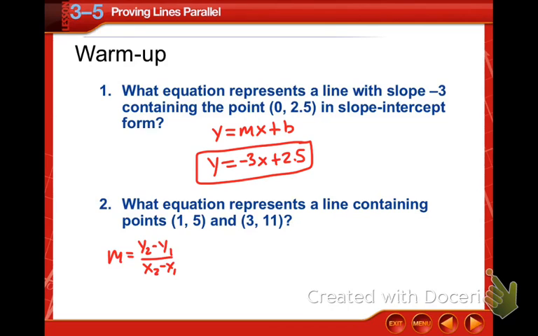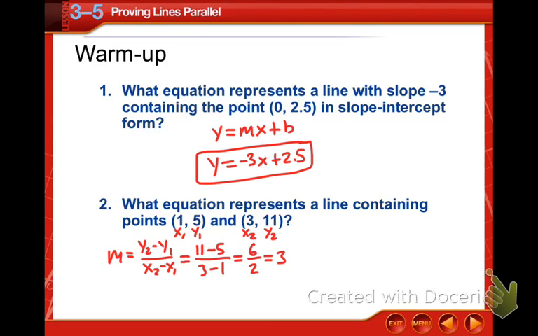Again, I like to label, so we need our x1, y1, x2, y2. So that means it's going to be 11 minus 5 over 3 minus 1, just filling in with the information we know. 11 minus 5 is 6, and 3 minus 1 is 2. 6 divided by 2 is 3.